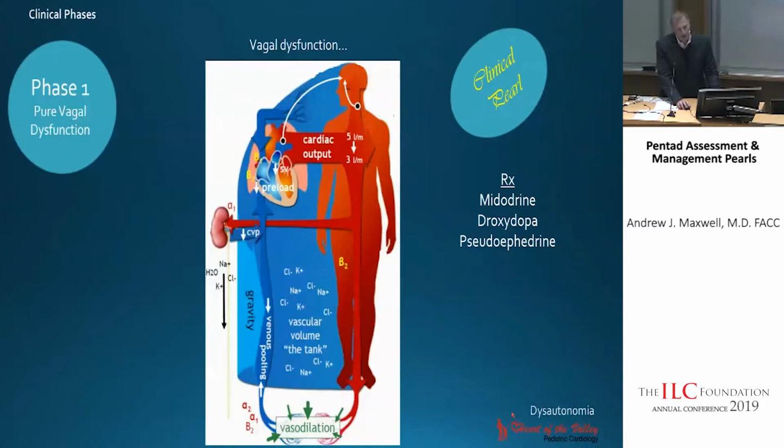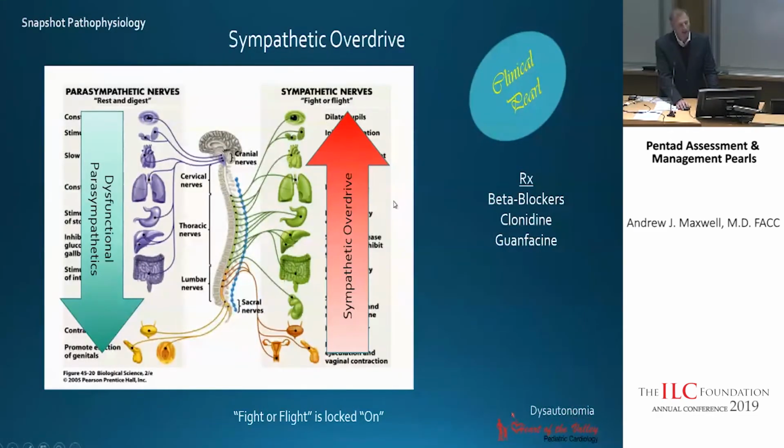The body tries to compensate for that as best it can by revving up the sympathetic nervous system, secreting a lot of acetylcholine. And the consequence of that is a lot of anxiety, racing heart, palpitations, insomnia. And so that's the consequence of this sympathetic overdrive.